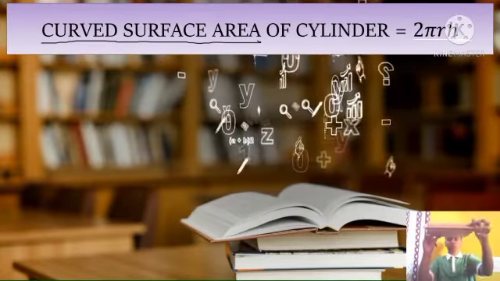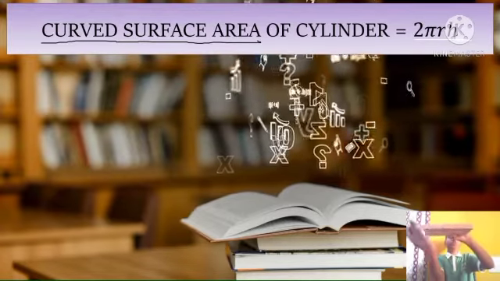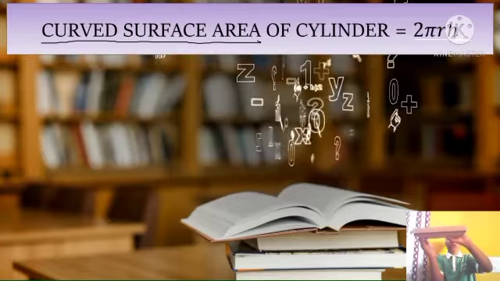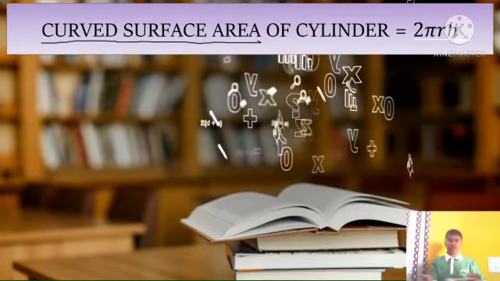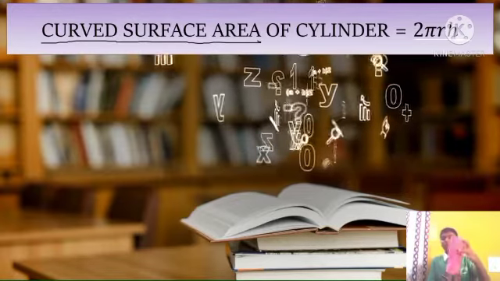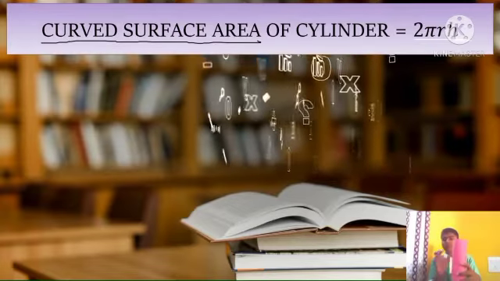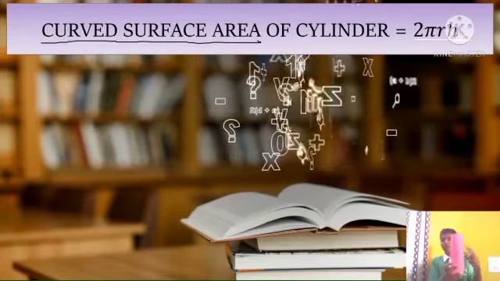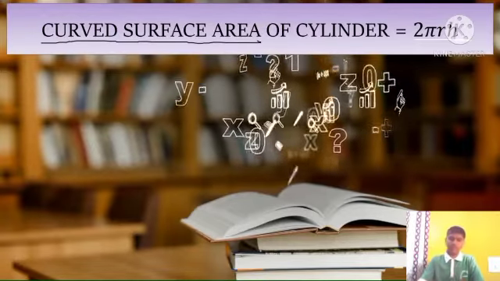Similarly, for this box which I have, if we leave this and this and find the area of these four faces, then it becomes the lateral surface area. In a cylinder, we don't call it lateral surface area because here it is curved. The area is not flat, it is curved in shape, so we call it the curved surface area.